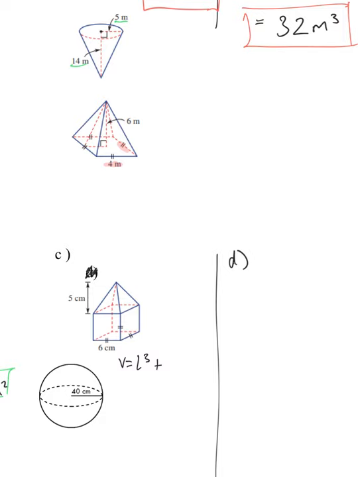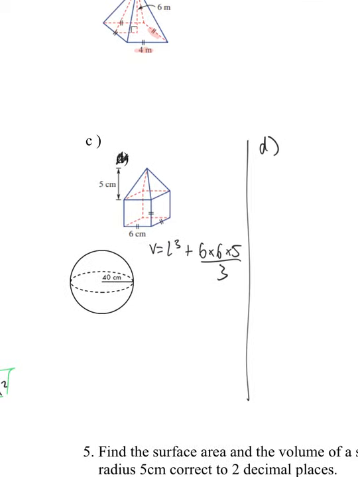The length is still 6. The width is still 6. The height is 5. That's going to be on 3. I did a lot at once, but if you find the volume of just the cube first, that's going to be 6 cubed.